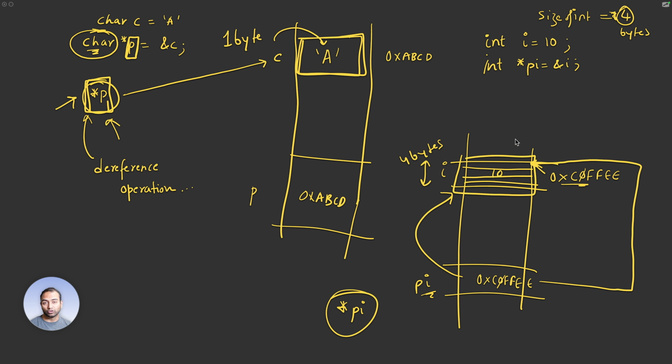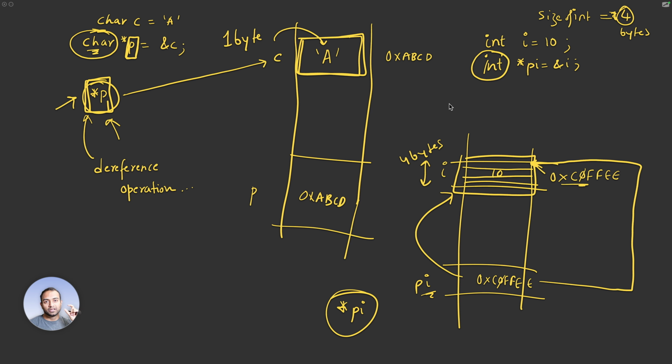Not one, not two, but 4 bytes. And that information is available because we are specifying the data to which the pointer is pointing, right?